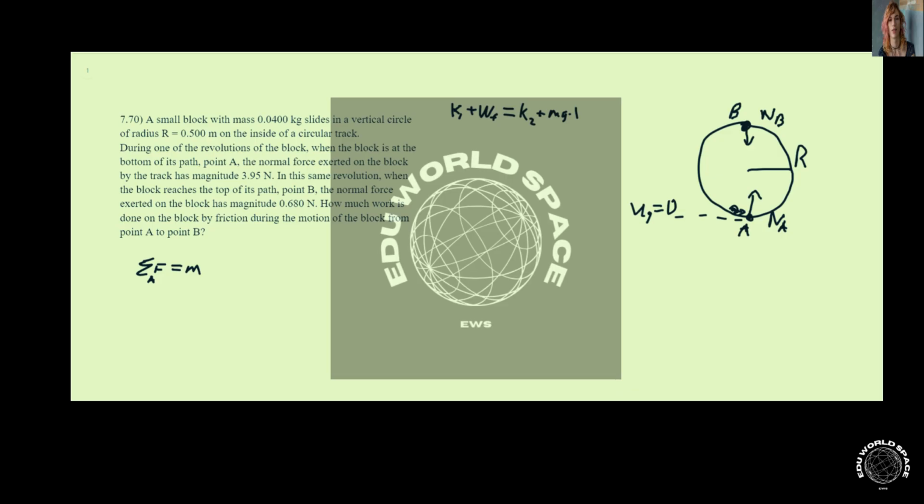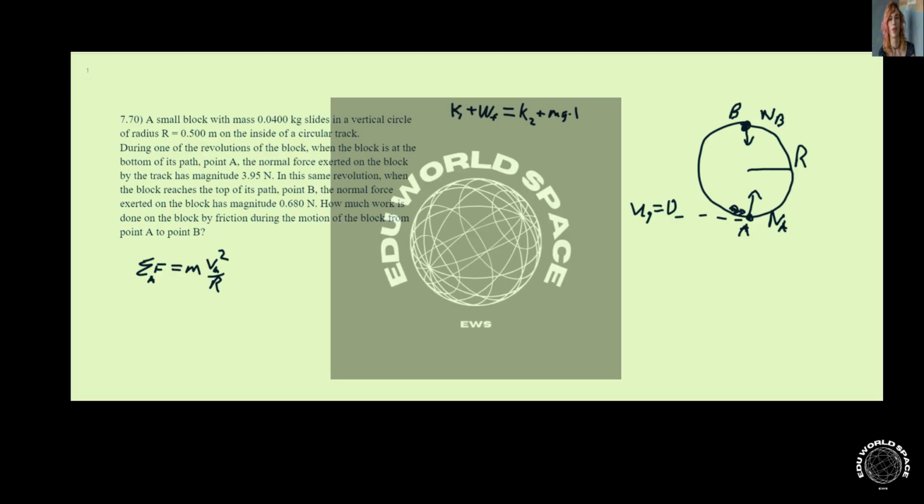That acceleration is the centripetal acceleration directed inward, keeping the block moving in a circle, so it's velocity at A squared over r. Mass times velocity at A squared looks similar to what we need for kinetic energy, so I'm going to find the sum of forces and then manipulate both sides so that I get something that looks like K1.